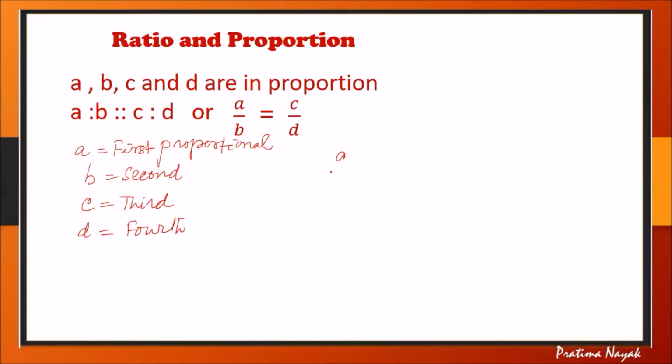Similarly, we also use this term. A and D are called extreme proportionals. That means they are at the ends. And B and C are the mean proportionals.